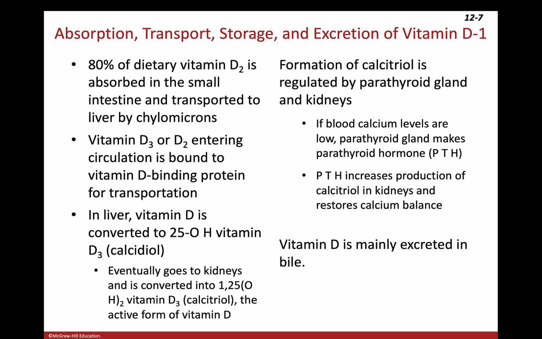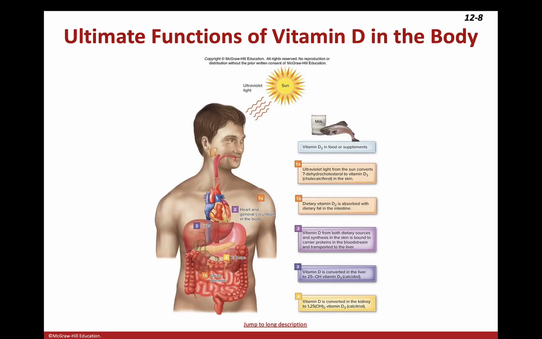If blood calcium levels are low, the parathyroid gland will make more parathyroid hormone. Parathyroid hormone increases the production of calcitriol in kidneys and is responsible for restoring calcium balance. Generally, vitamin D will be excreted in bile. Here we basically look at the ultimate functions of vitamin D within the body. So ultraviolet light from the sun converts to vitamin D3 within the skin.